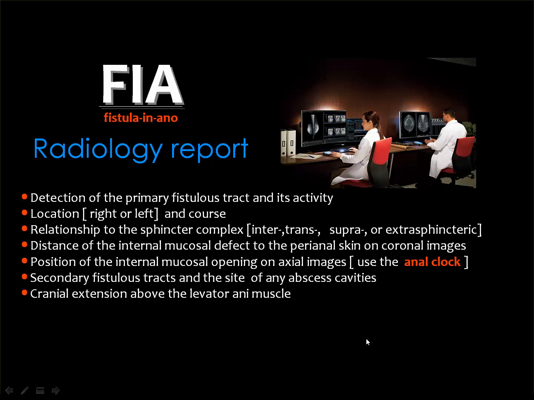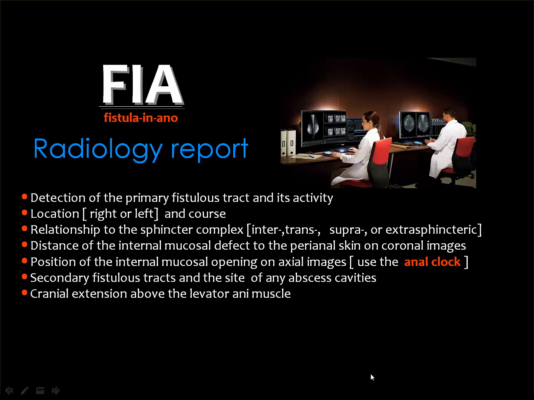Then you measure the distance between the internal opening and the external opening. You measure the distance of the fistula tract. Then you should locate the position of the internal opening using the anal clock. Then if there are side tracts or abscesses, you should mention them, and you should detect the cranial extension above the levator ani.